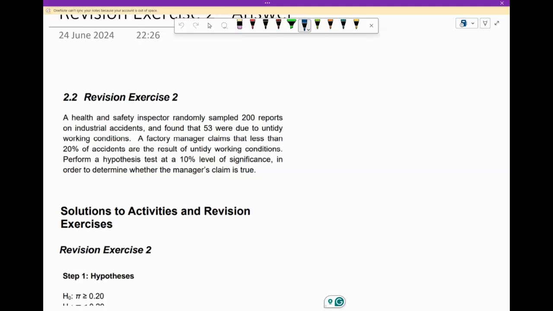So with this situation, they're saying a health and safety inspector randomly sampled 200 reports. So sample size is 200. On industry accidents. Okay, so what we're looking at is industry accidents, and found 53 were due to untidy working conditions.